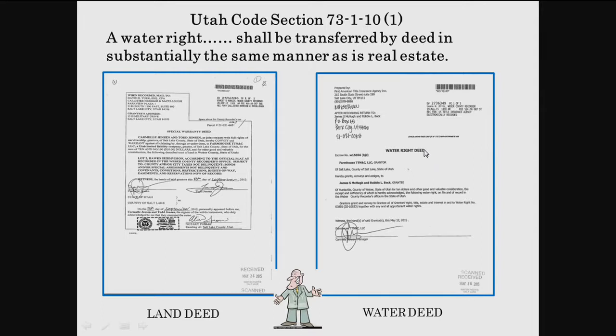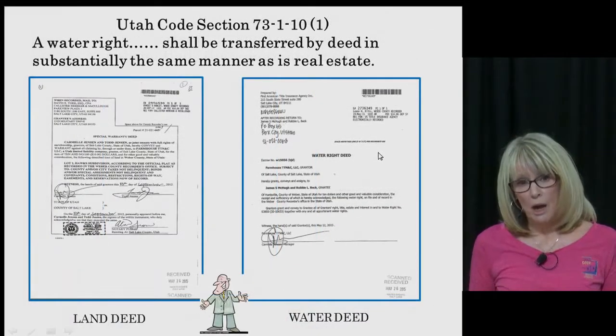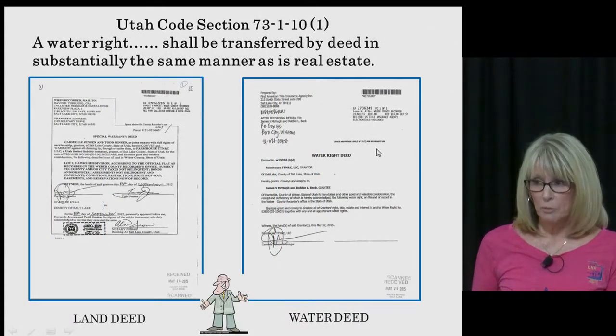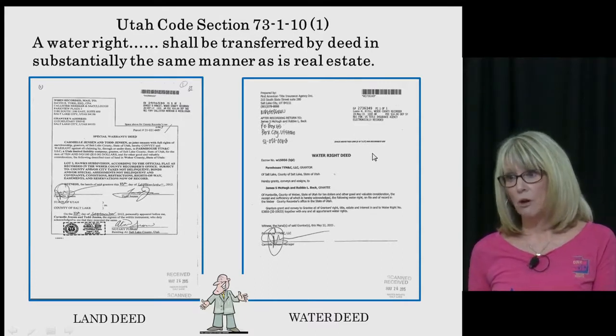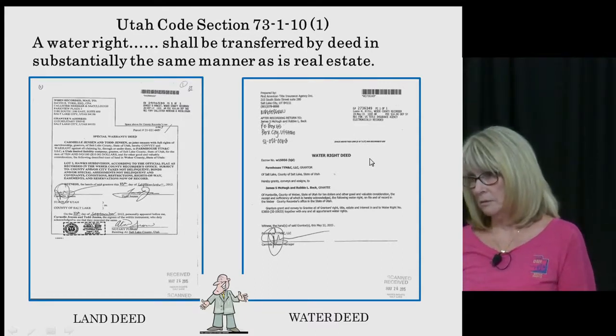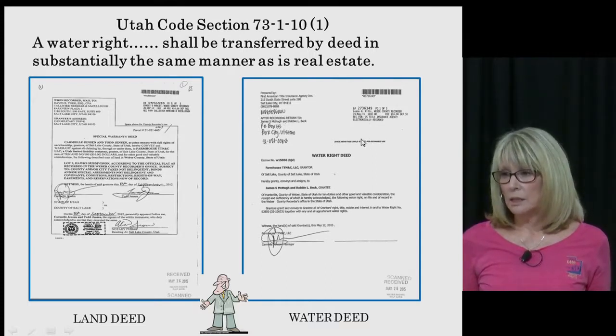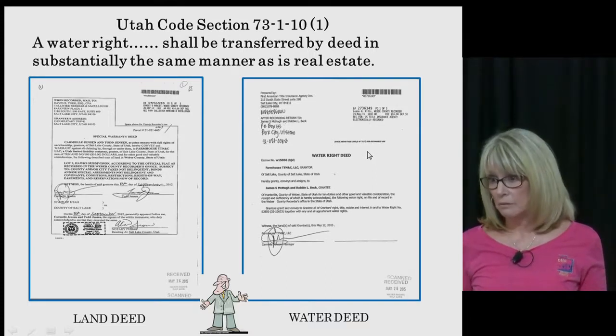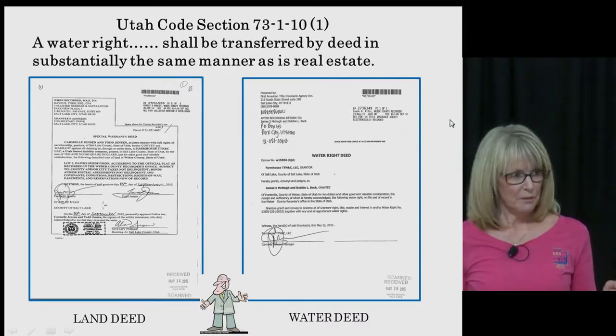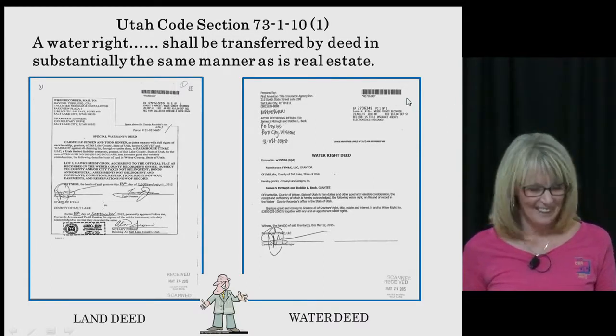Now, just remember that water deeds, once they've been executed and recorded, could possibly separate the ownership of that water right from the ownership of that land. So then there is no longer the unity in ownership between the water and the land. Does everybody understand that?